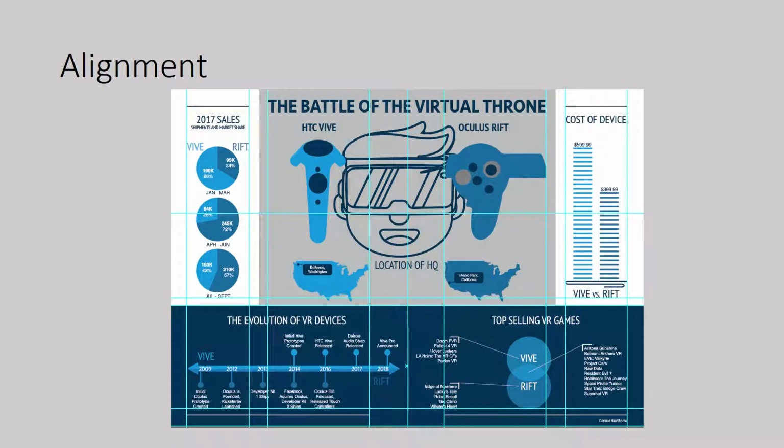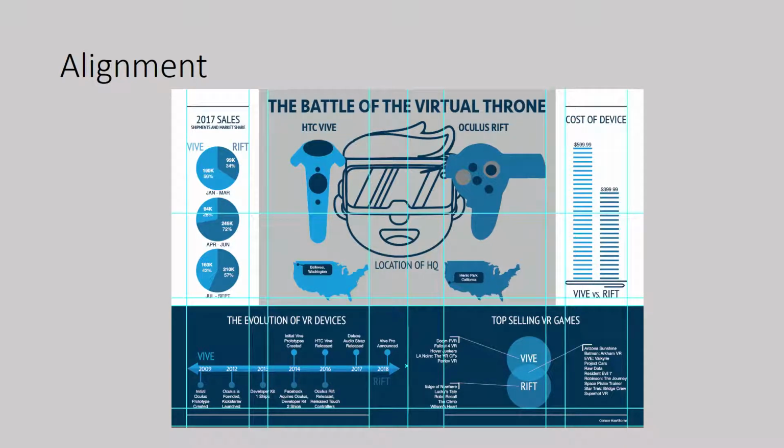When it came to alignment, I spent a lot of time perfecting alignment of my graphic. This is an earlier version where you can see my work with the guide tools, and this isn't quite all the guides I used because I kept moving them around and replacing them. But I did try to make it so that things were centered.